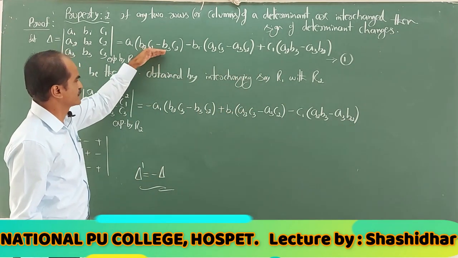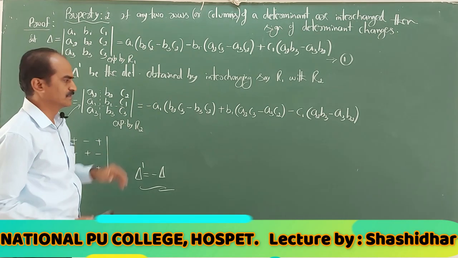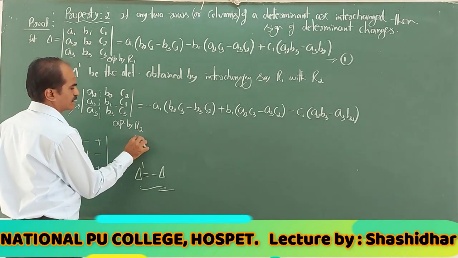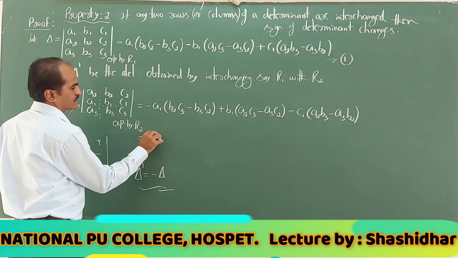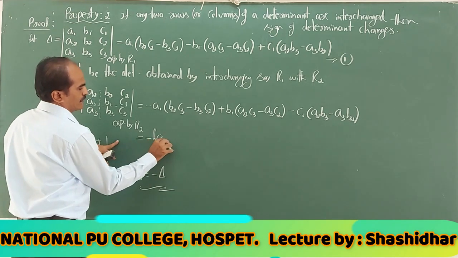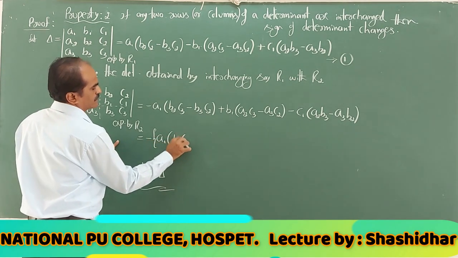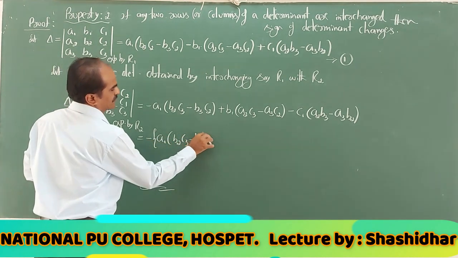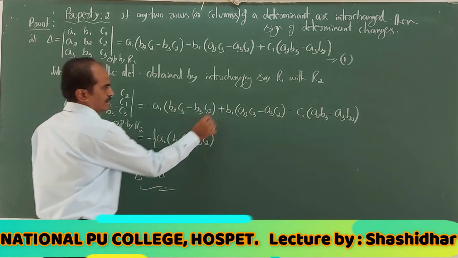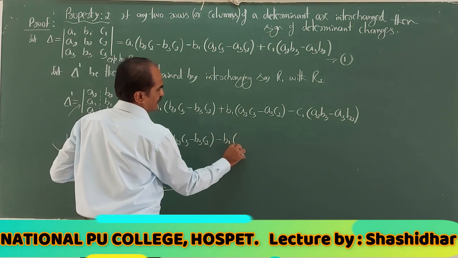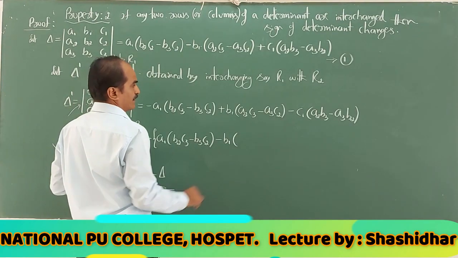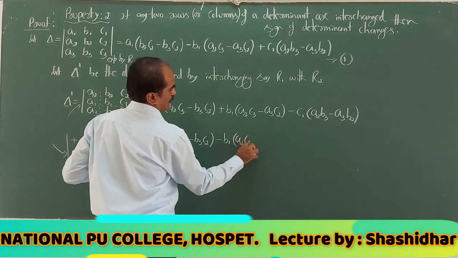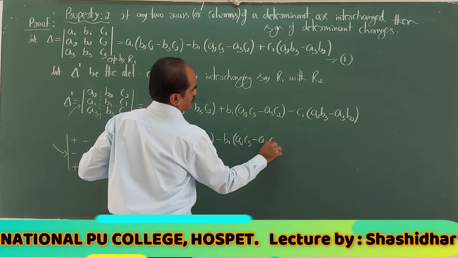Now check, is it same as this? No. Now let me take minus sign common. It is a minus of A1 into, it is B2 C3 minus B3 C2. Here it will become minus B1 into A2 C3 minus A3 C2.